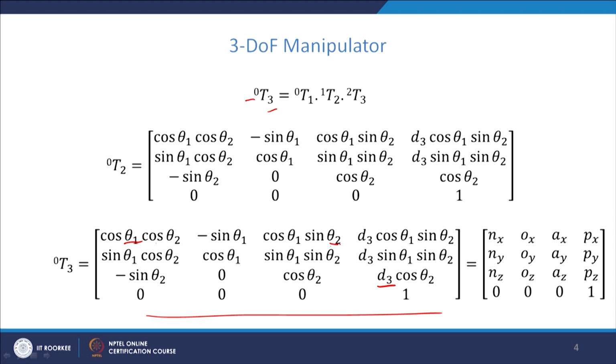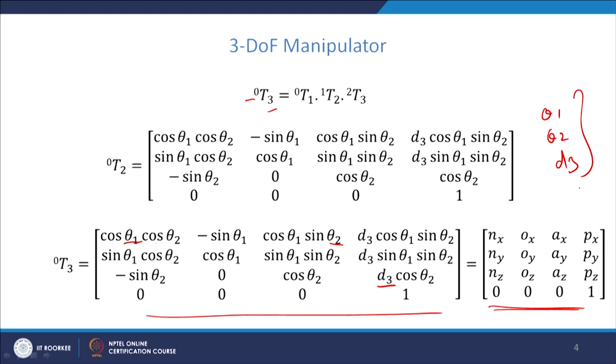For a given end effector position with respect to the base, if 0 T3 is given by a homogeneous transformation like this, then by comparing each element of the 2 matrices, we will get a system of equations in theta 1, theta 2 and D3.